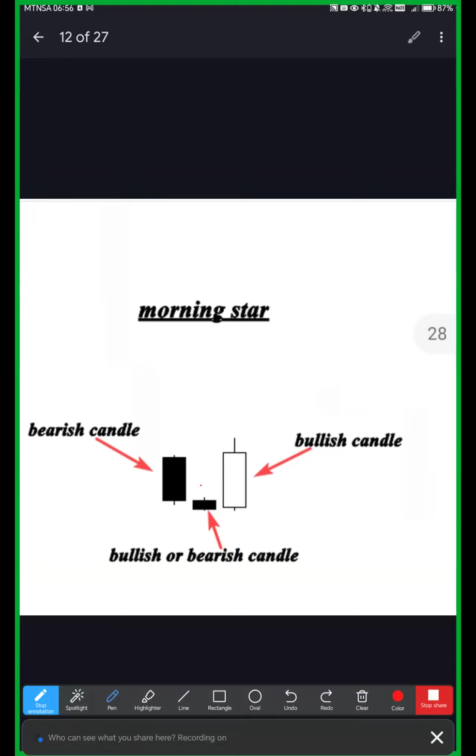But you can see that this candle is also a 4-hour candle. So it means that sellers are in the market, but the challenge is they are failing to push the price further down to break the support. That's why you see this candle is small.